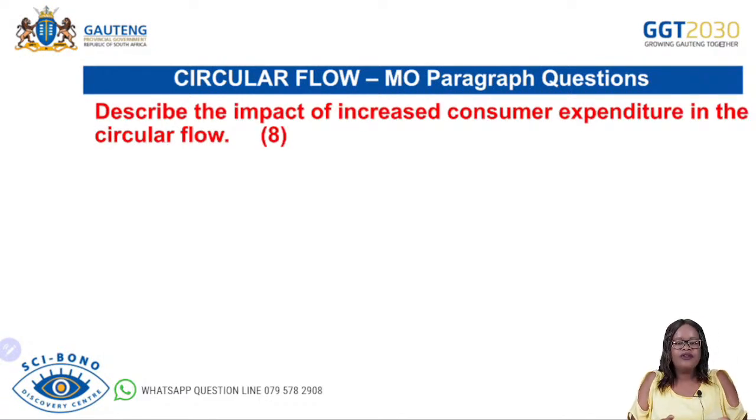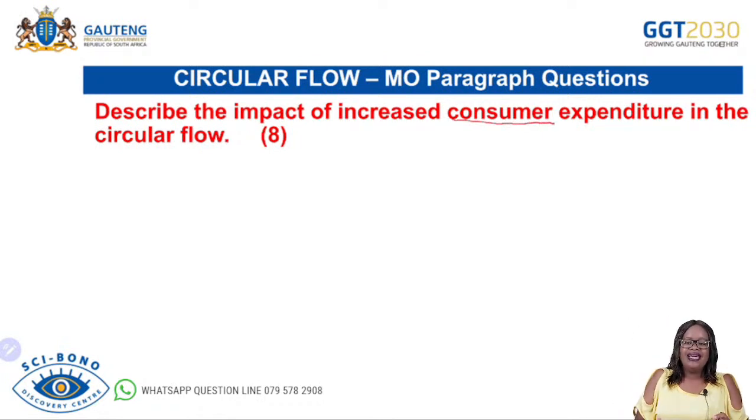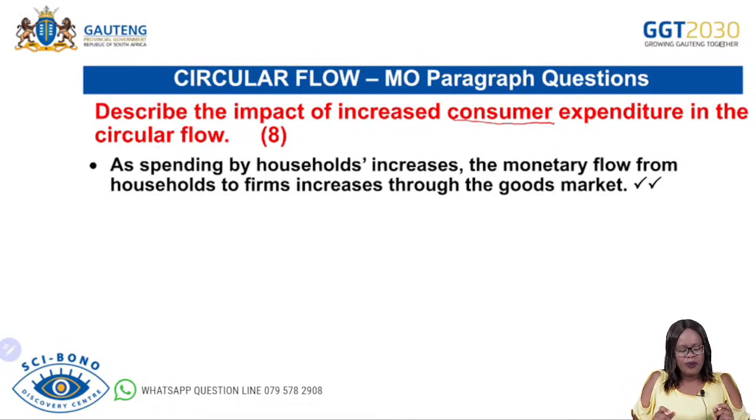The next question reads as follows. Describe the impact of increased consumer expenditure in the circular flow. Now, when you speak about consumer expenditure, we understand that consumer expenditure happens when consumers buy, or rather they spend their income to buy goods and services through the goods market, right?